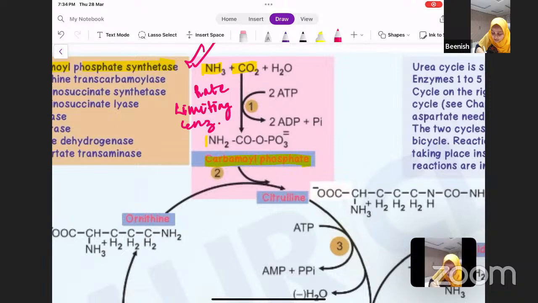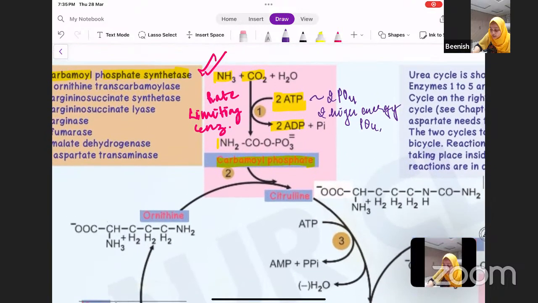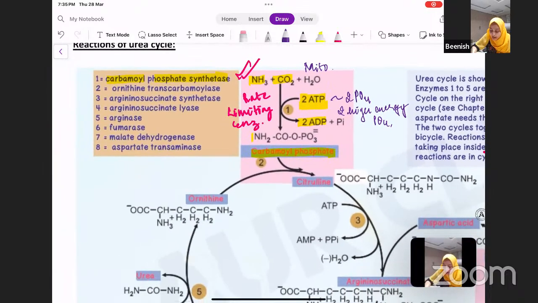You can see that 2 ATPs are used in this reaction and they are changing into 2 ADPs, which is equivalent to approximately 2 high energy phosphates. So, in the first reaction, which is taking place in the mitochondria, your carbamoyl phosphate is being formed via the rate limiting enzyme carbamoyl phosphate synthetase.